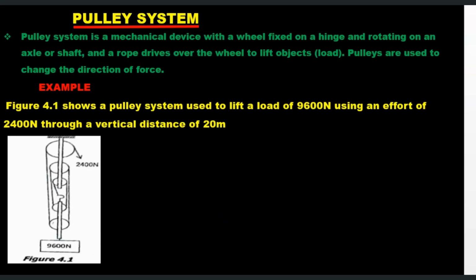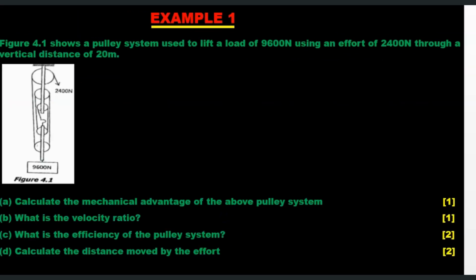So here is the first example on the pulley system. Figure 4.1 shows a pulley system used to lift a load of 9,600 Newton. So this is the load. What did I say?